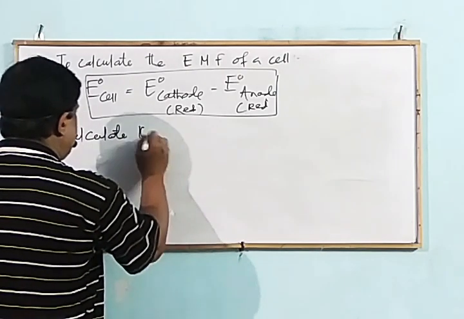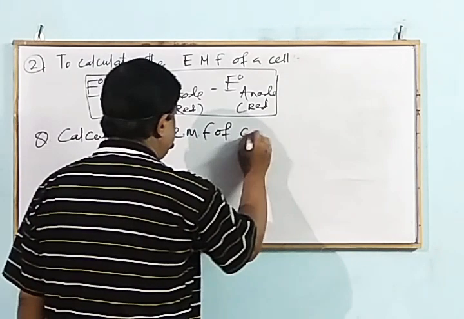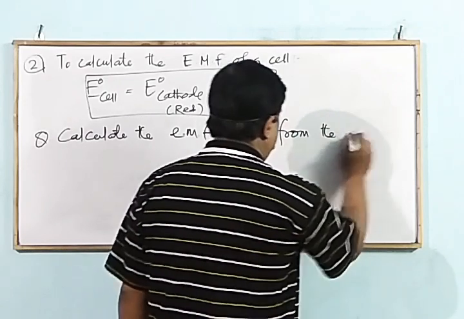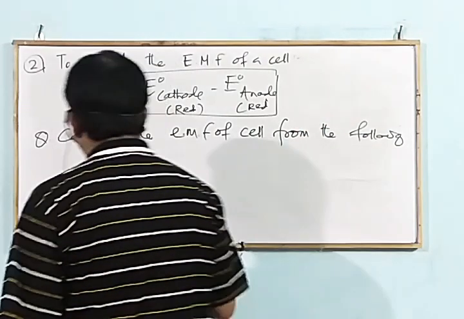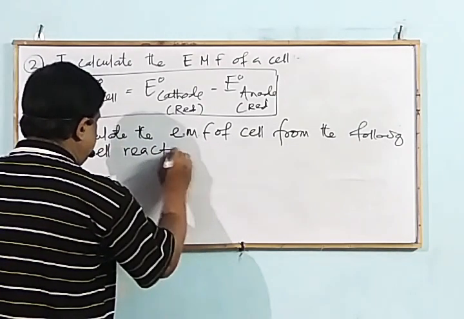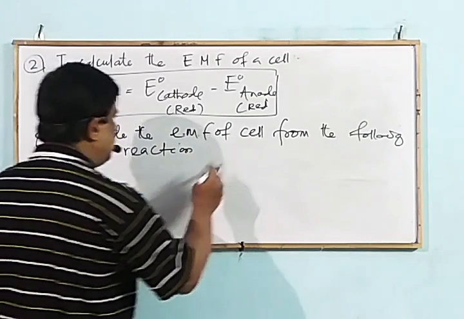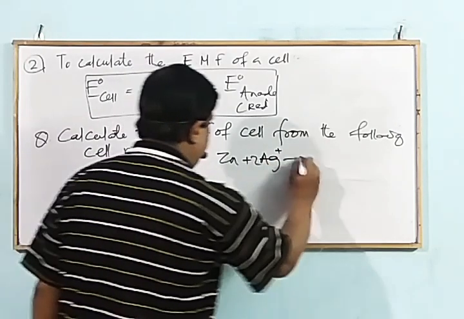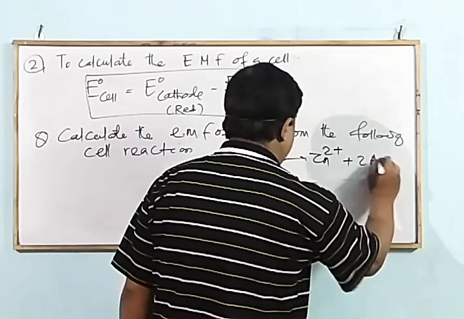Calculate the EMF of a cell from the following cell reaction: zinc plus silver ion gives zinc ion plus silver.